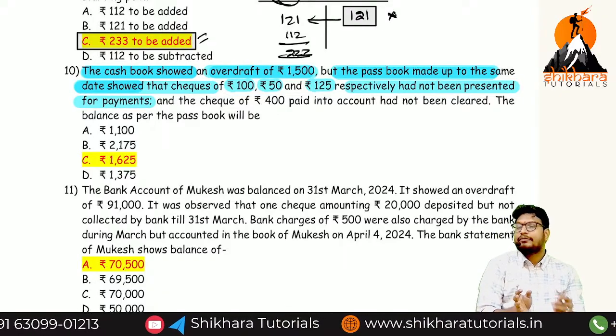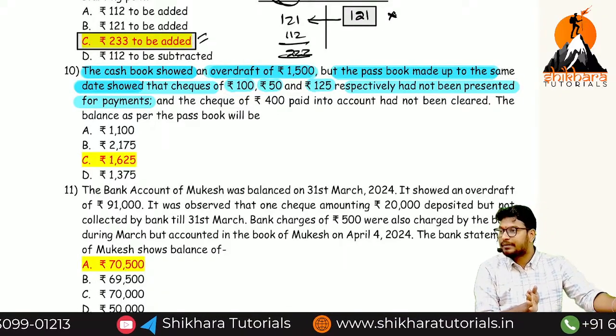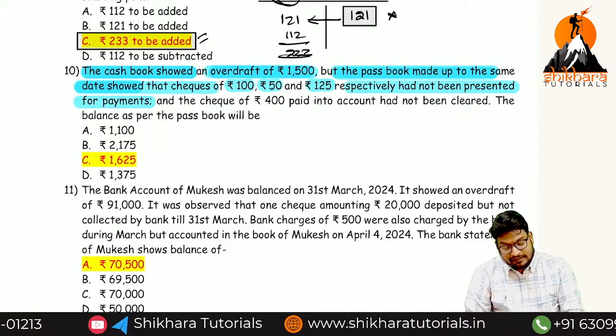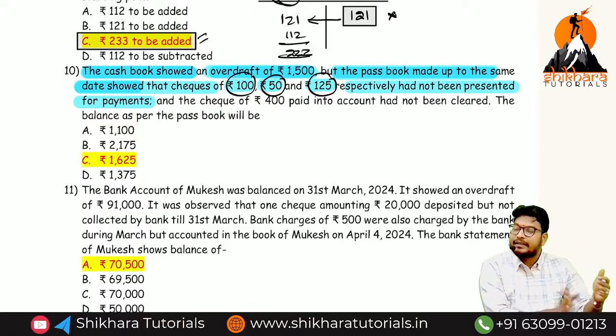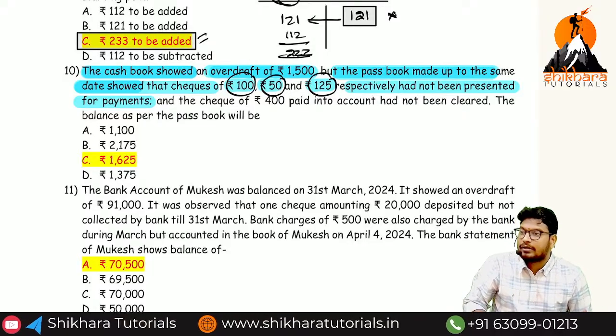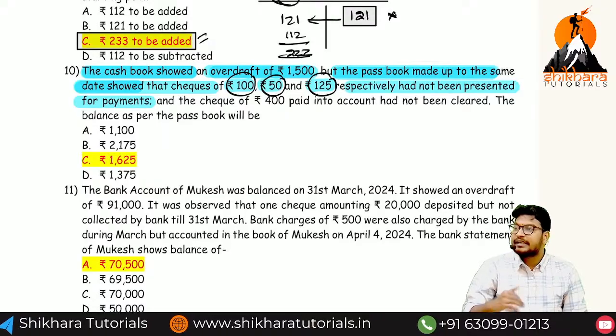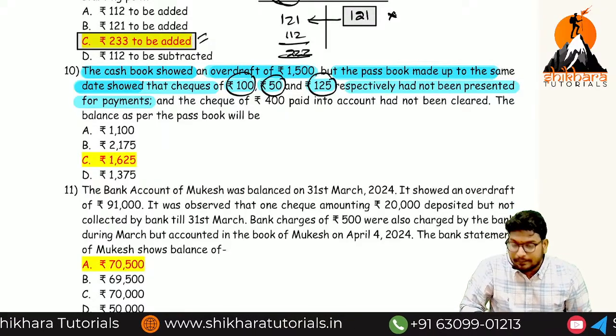So on the same date we checked the bank statement also, but the values of rupees 100, 150 and 125 have not appeared in the bank statement. That means checks issued but not presented for payment.